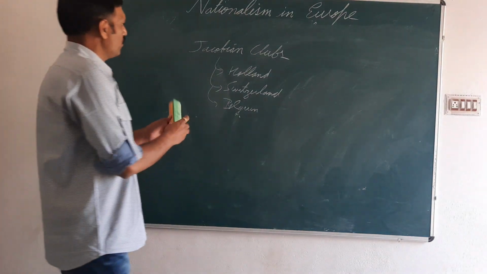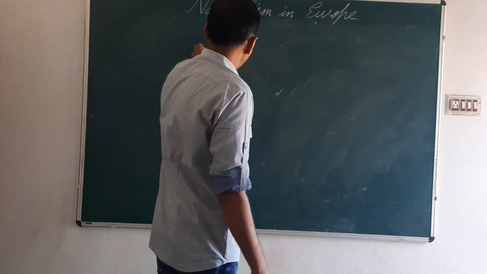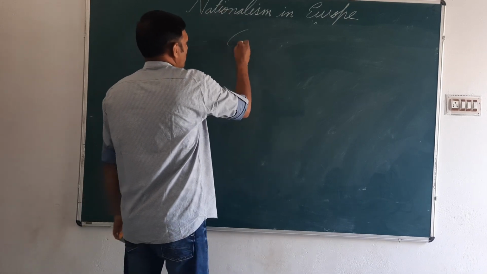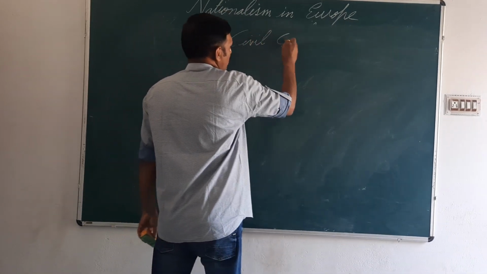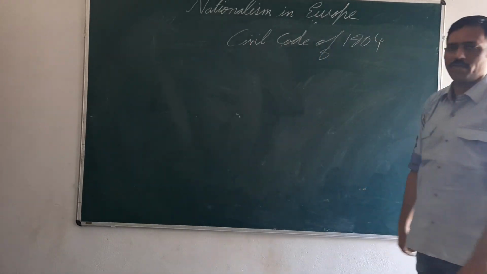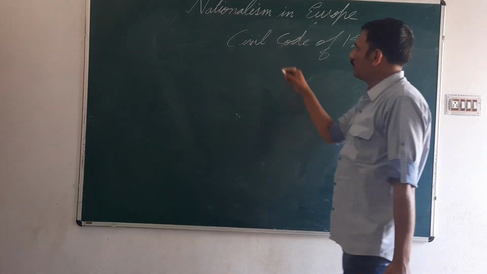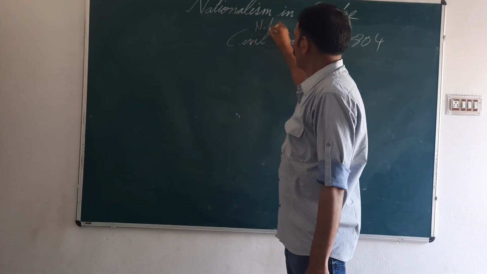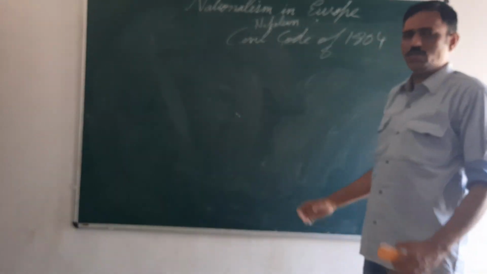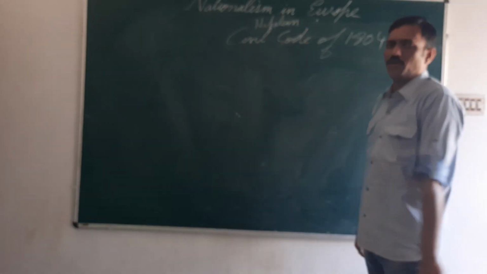Now came the Civil Code of 1804, popularly known as the Napoleonic Code. Napoleon became the ruler of France in 1804, and as soon as he became the ruler, he brought the civil code.